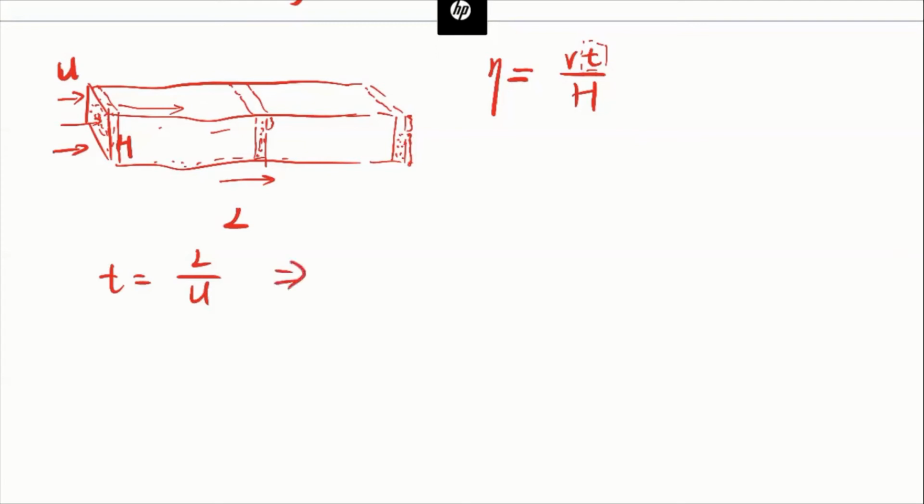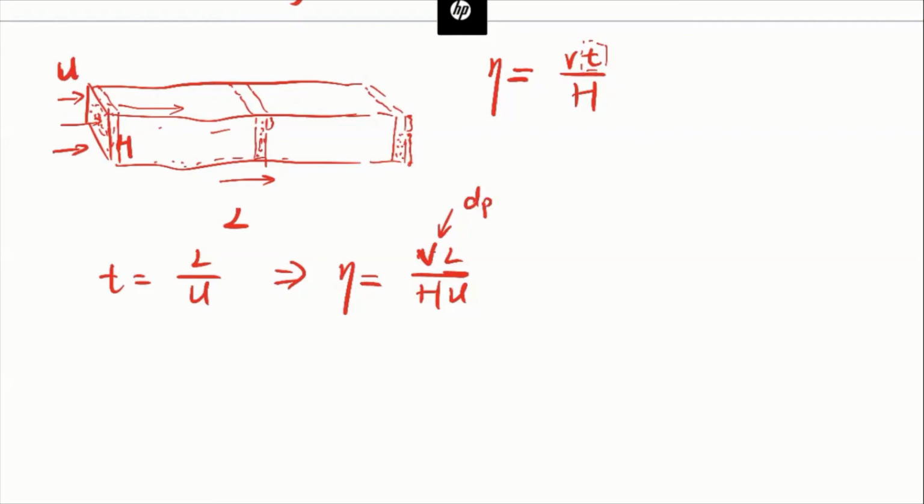And then we know that the efficiency is Vt over H multiplied by L divided by u. Again, this V here is for a single size, for a particle with a single size, let's say dp, right?